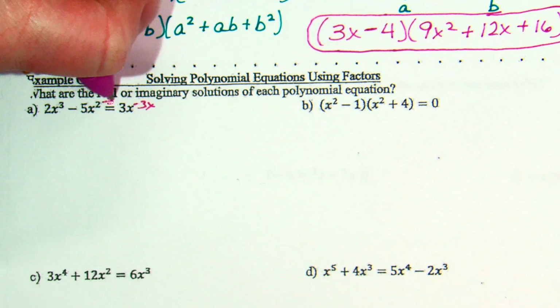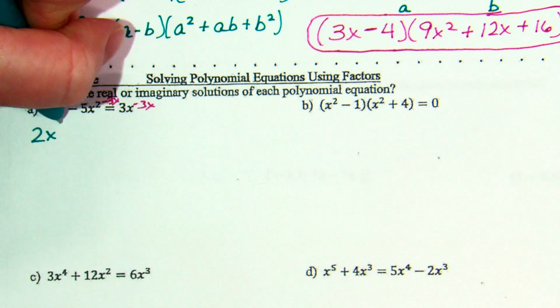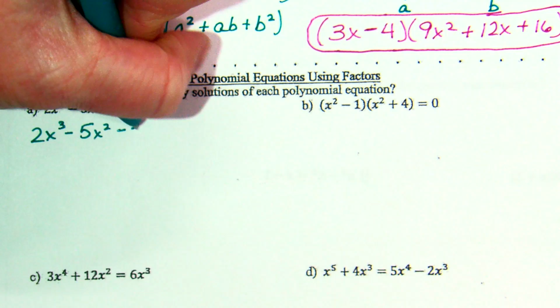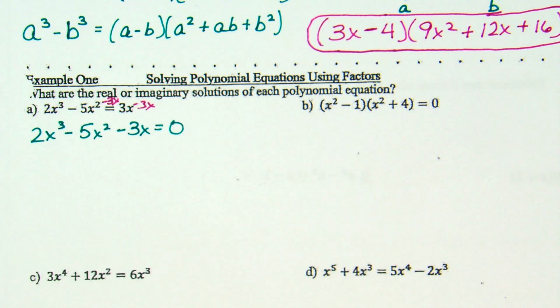And when we subtract 3x, we're going to have 2x cubed minus 5x squared minus 3x equals 0. Okay? Thoughts next?